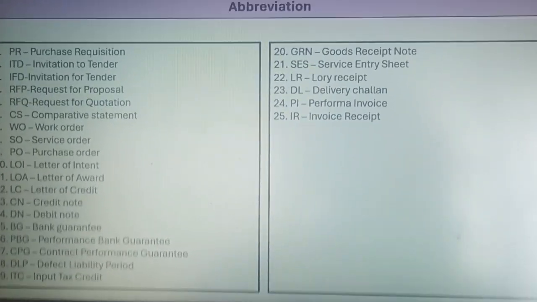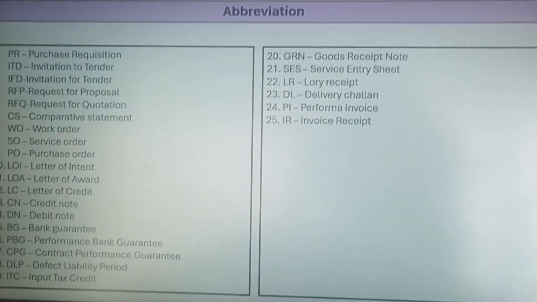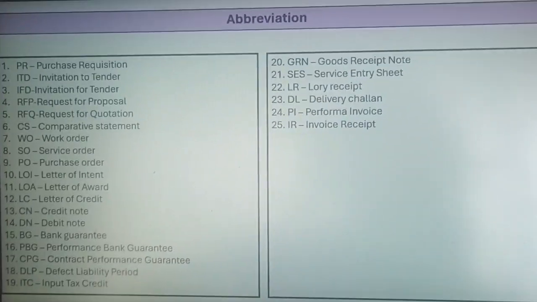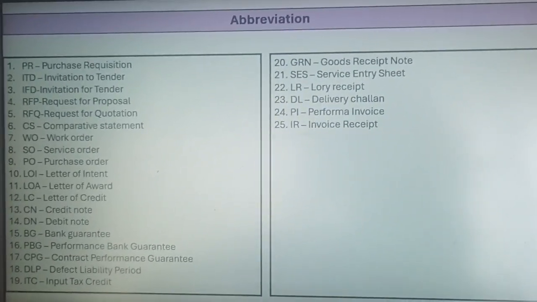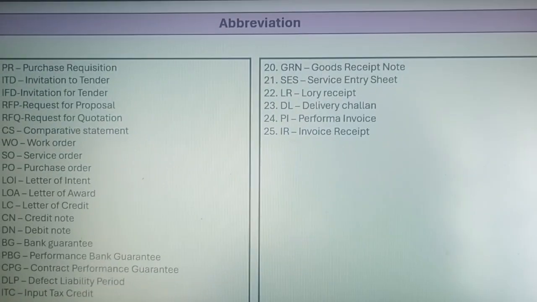So invoice receipt means we have received the signed and stamped invoice from the contractor in the proper way.